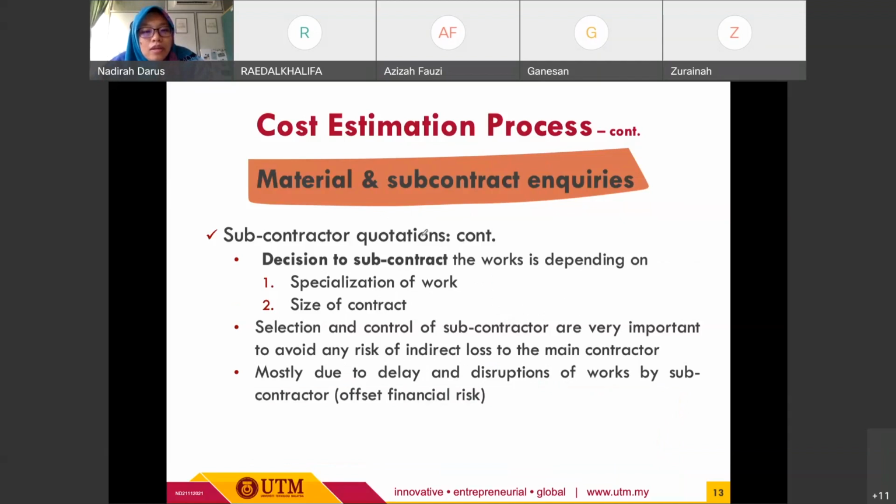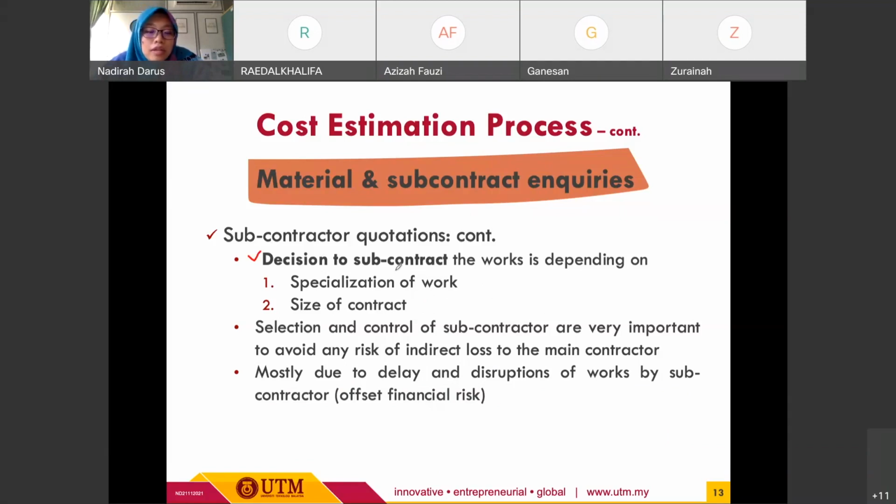Okay, so the next one, still on the subcontractor quotation. For this one, we look at the decision to subcontract. Basically, this is just general information. I think most of you are already aware of this one. The subcontractor quotation relates to the decision to subcontract.